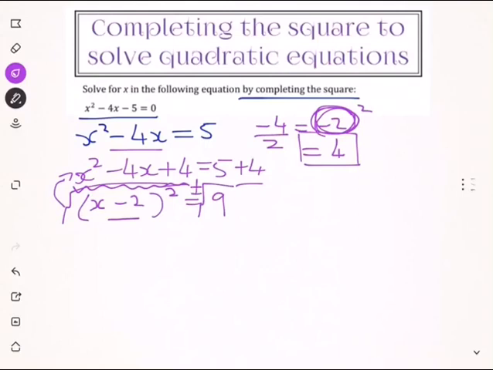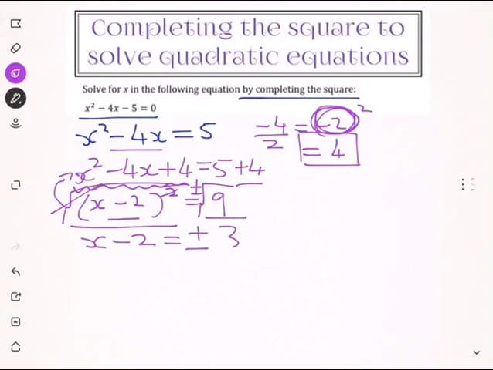That's because this bracket can have an x value which is positive or negative, so we have to represent that on this side as well. The square root sign cancels with the square sign, so we're left with x minus 2 is equal to plus minus, and the root of 9, which is 3.